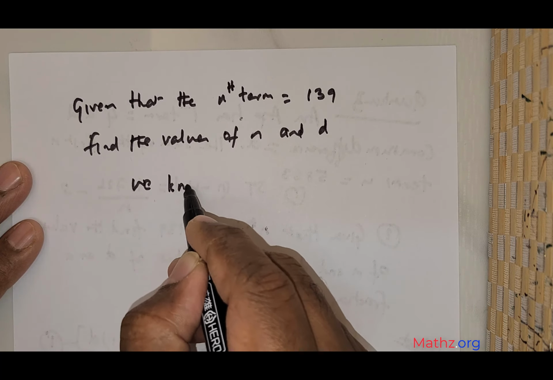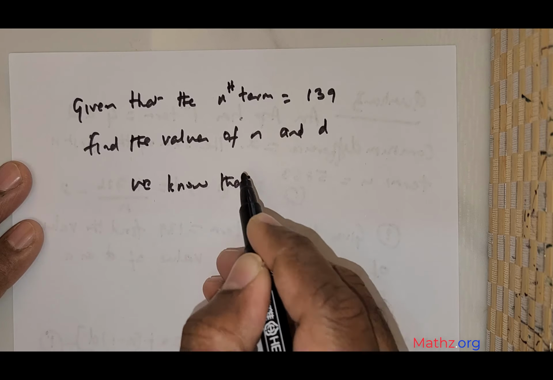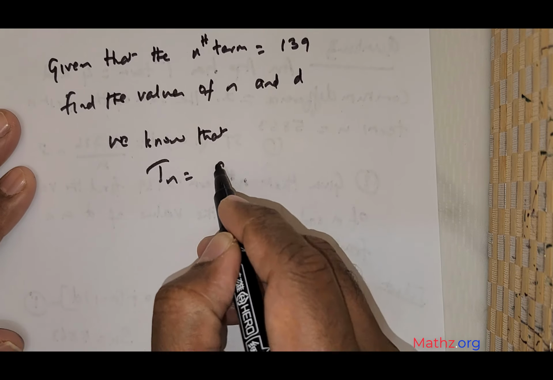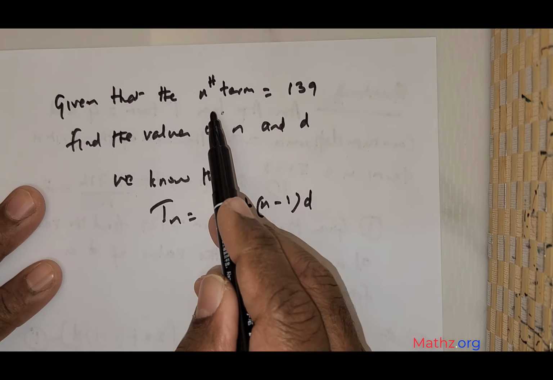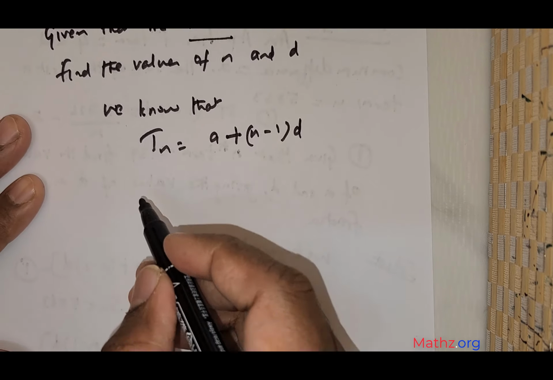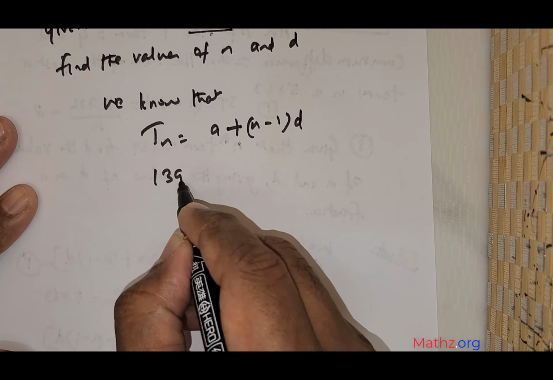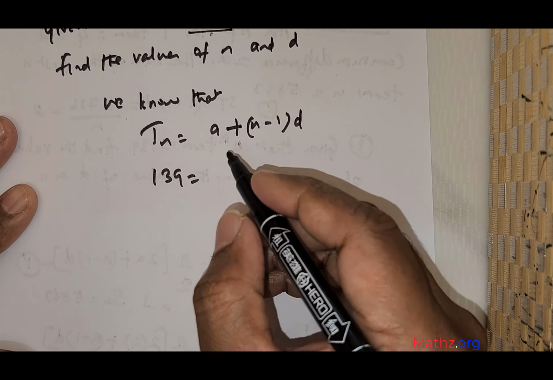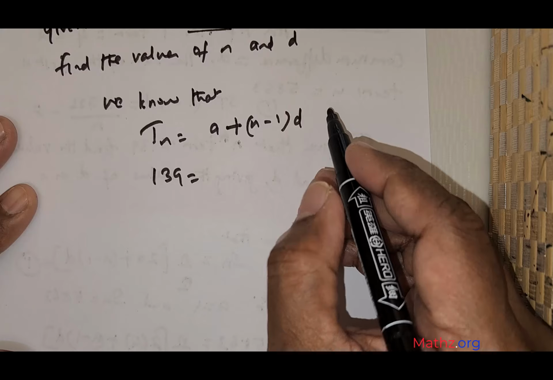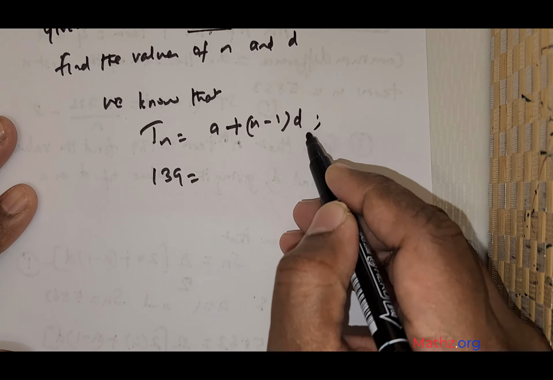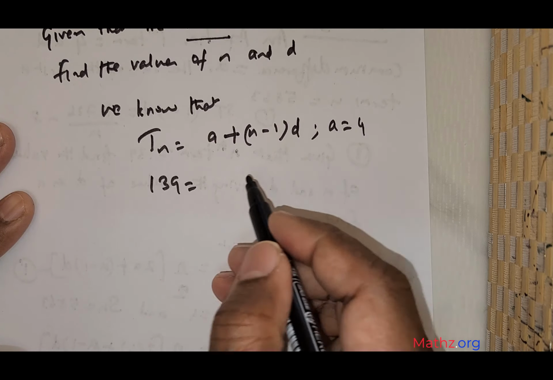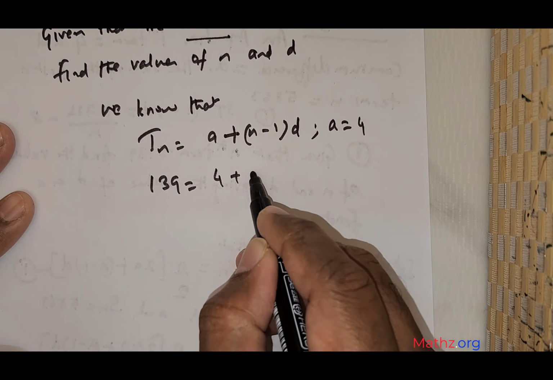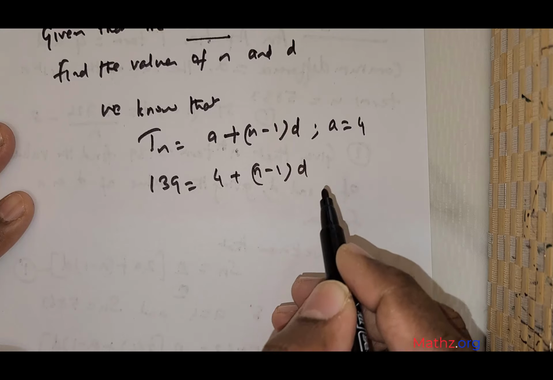We know that T suffix n is equal to a plus (n minus 1) into D. For the nth term we have 139 is equal to, now we already know the value of a, the first term, which is 4. So 4 plus (n minus 1) into D.